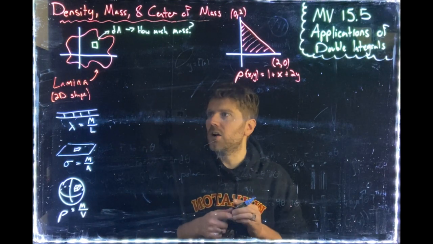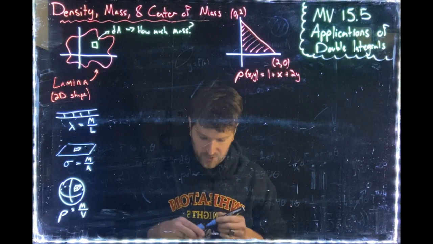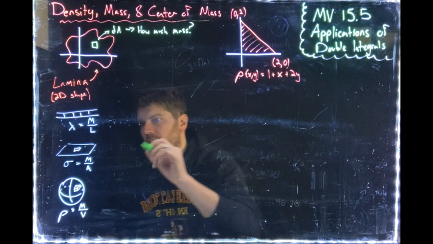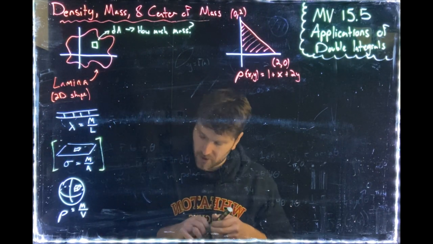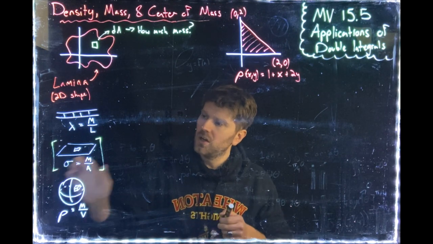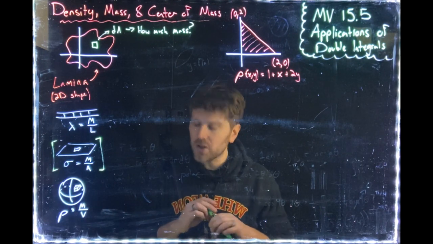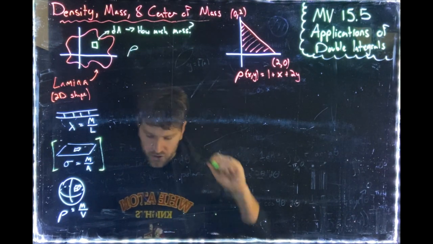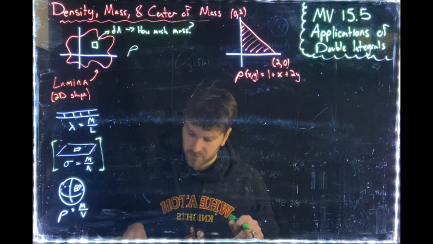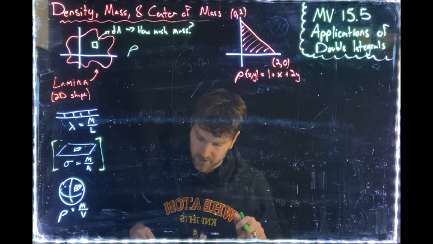In this case, we're going to develop this mostly thinking about this second category of sheets, of things that have a mass per certain area. Now, we're not going to use sigma here. We're going to use the more general character for density, which is the Greek letter rho, which you've seen from spherical coordinates. Here we're repurposing it.